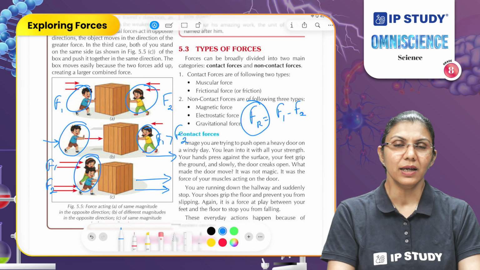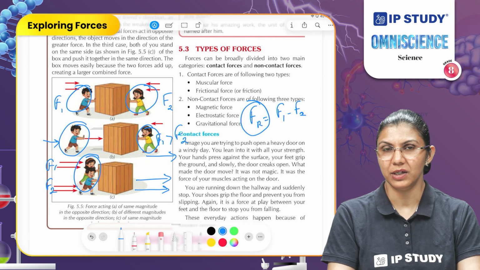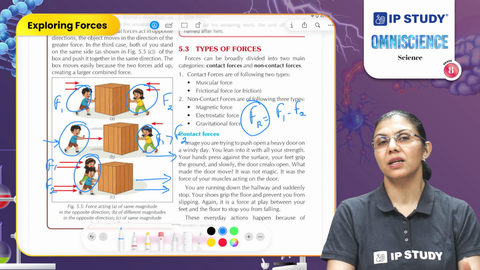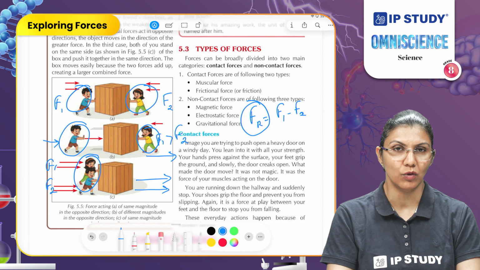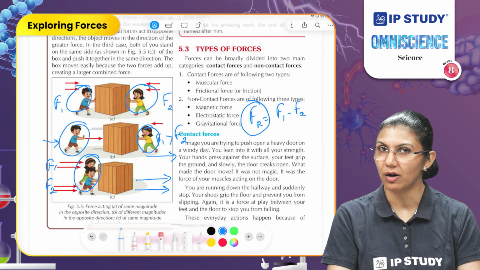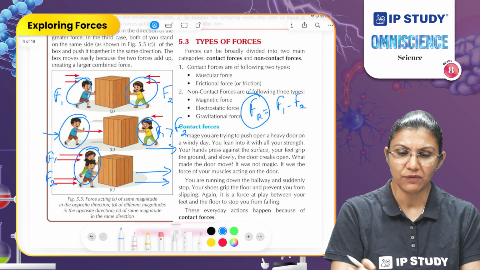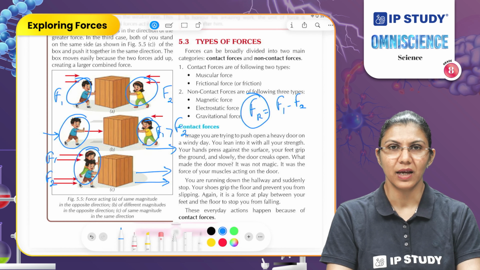So that's how, if multiple forces are applied on any object, we can find out the resultant force and then conclude whether the object will change its position or not. If the resultant force is 0, the object will not show any movement.